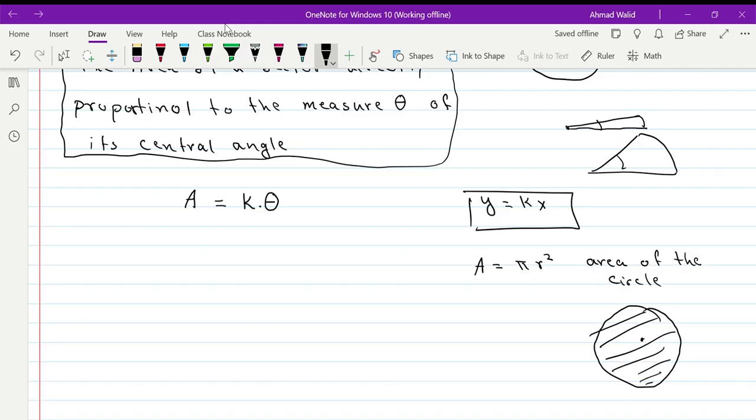This is pi r squared from geometry. And also, when you are talking about the full area, how much is your theta? You do a full round. What is a full round in terms of radian? It means your theta is 2 pi, right? Because pi is 180 degrees, 2 pi is 360 degrees, correct?